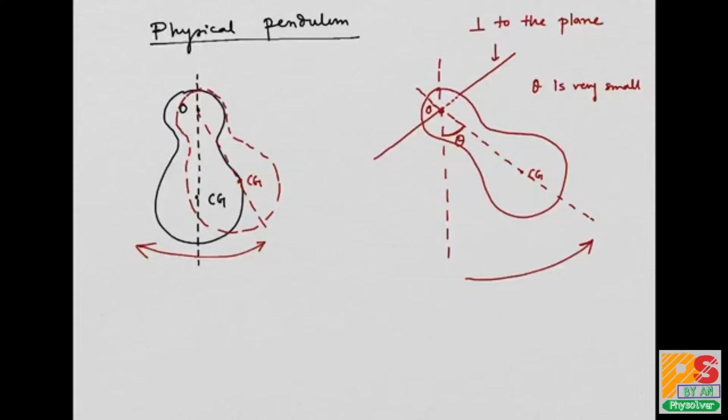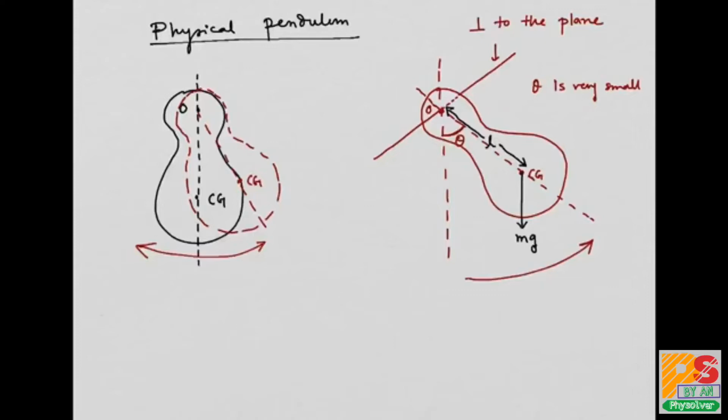Now in this position weight will act vertically downward, and it will act from the center of gravity. And let us assume that the distance of the center of gravity from the pivot point is L.